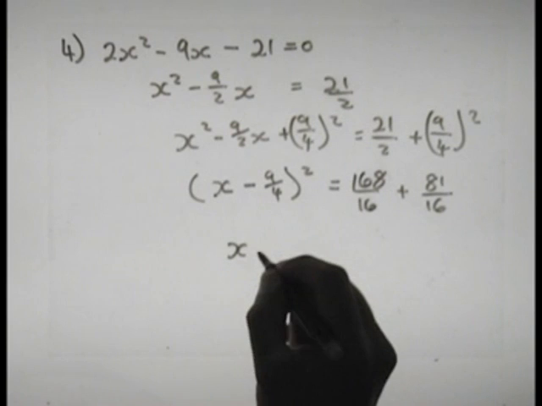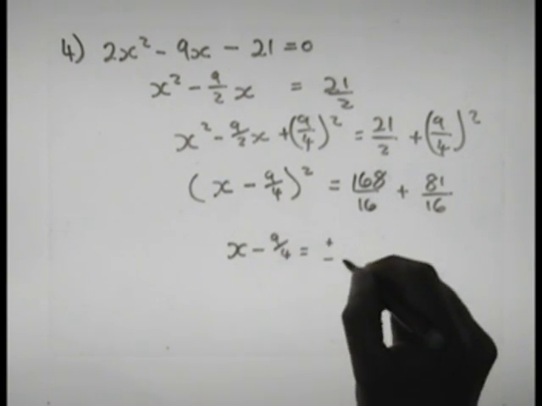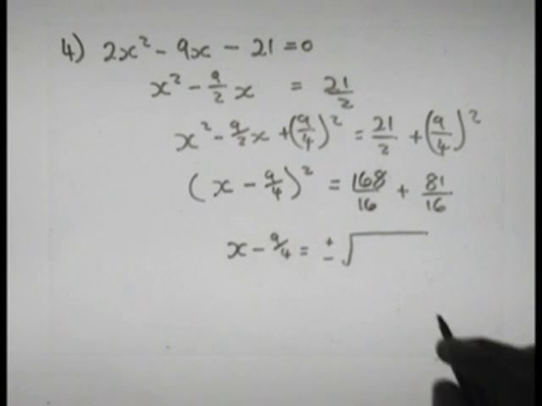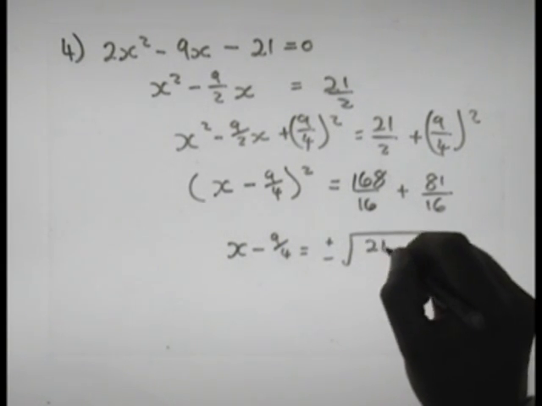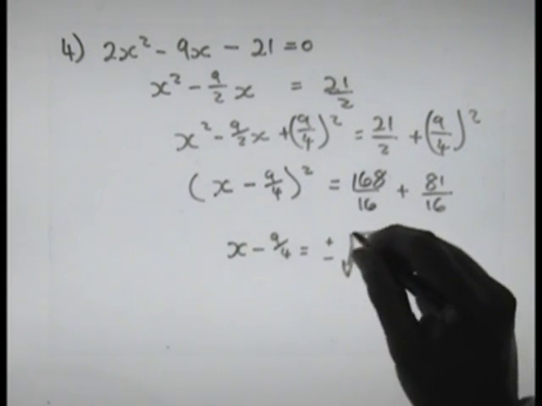That means that x minus 9 over 4 is equal to positive or negative root of 168 plus 81, which is 249 over 16.